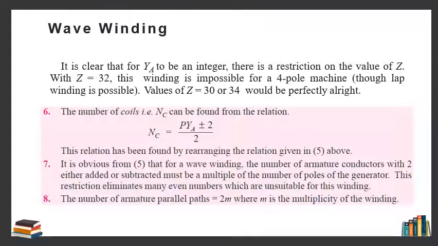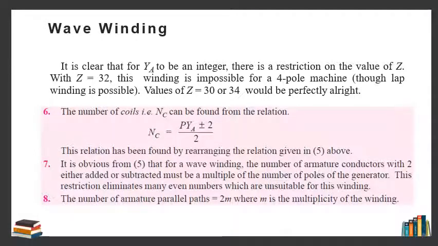This relation has been found by rearranging the relation given above. Number 7. It is obvious from 5 that for a wave winding, the number of armature conductors with 2 either added or subtracted must be a multiple of the number of poles of the generator.